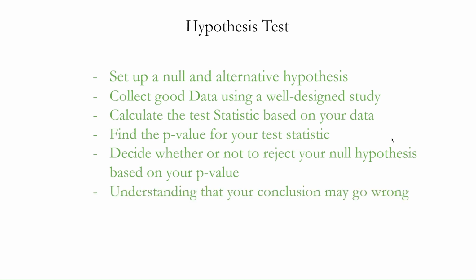Now, understanding that your conclusions may go wrong, there are two types of errors that might occur: type 1 error and type 2 error. Type 1 error is when you've collected a sample correctly, randomly, you've conducted the experiment or survey correctly, you've found the p-value, you've chosen the significance level beforehand, you've done everything right, and you've proved the null hypothesis wrong, even though it was actually correct.